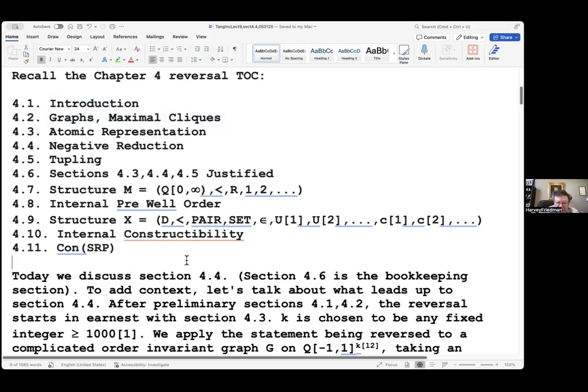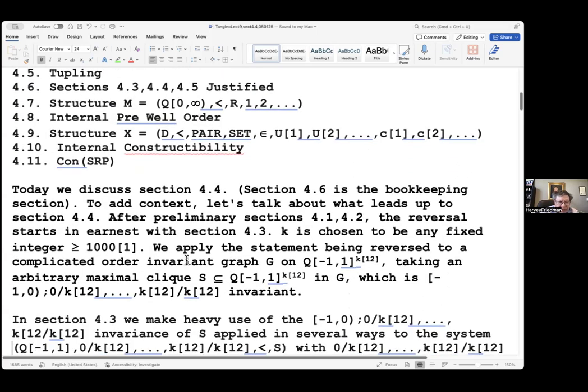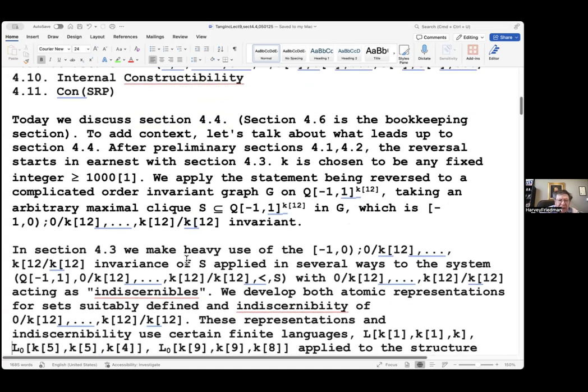All right. So down here, at the risk of repeating some of the things I just said, we're going to discuss 4.4. Now, to add context, we got to talk about what leads up to section 4.4. After preliminary sections of 4.1, 4.2, the reversal starts in earnest with section 4.3, as I said.